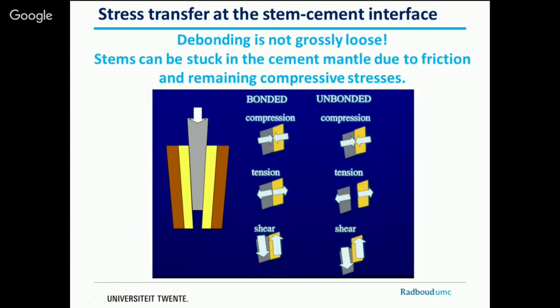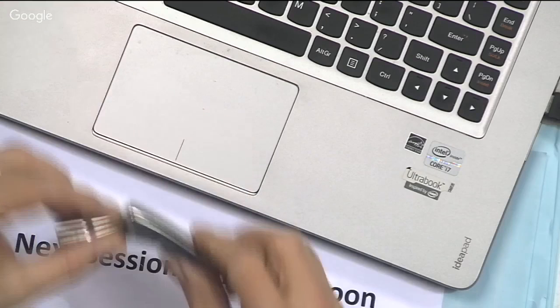So clinically, we know that. Okay, so debonding is not grossly loose. Stems can be stuck in the cement mantle due to friction and remaining compressive stresses, because this is usually a taper shaped. So it very slowly subsides, and it stresses the cement every time it subsides a bit.